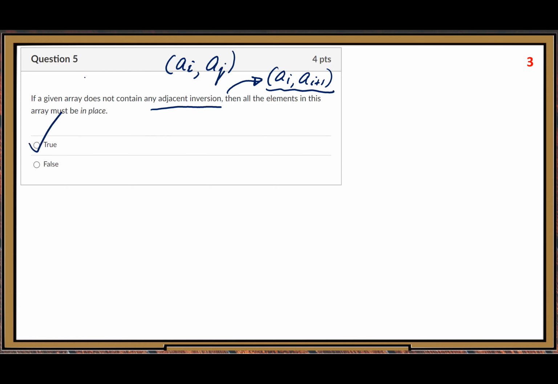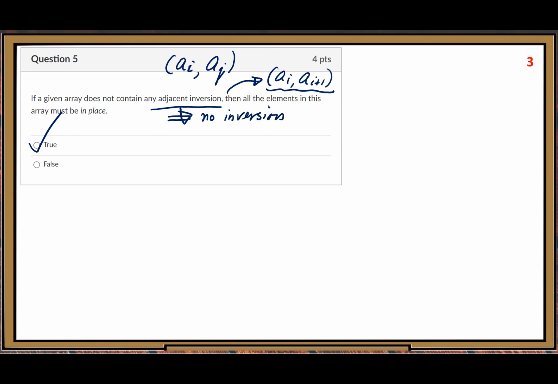Then all the elements in this array must be in place. True. Because if there is no adjacent inversion, that means no inversion. So every time you select two adjacent elements, the second one is always greater or equal to the first one.